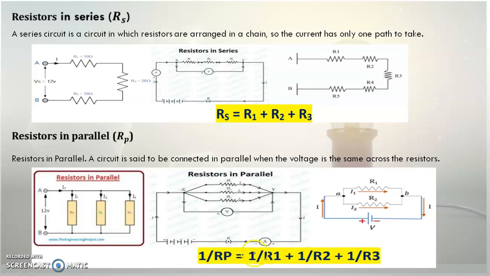If you take the values as 2 ohms, 3 ohms and 4 ohms, we take the reciprocals, take the LCM, find the value, and then convert it. Whatever you get, if it is in fraction form, its reciprocal gives the total resistance of the resistors connected in parallel.